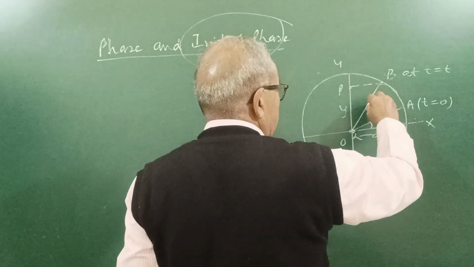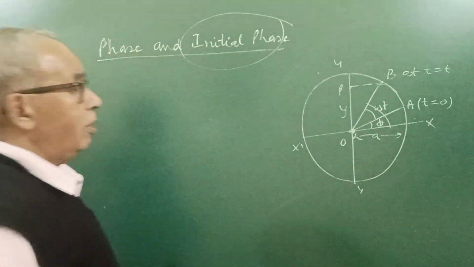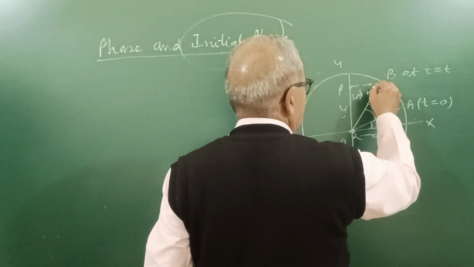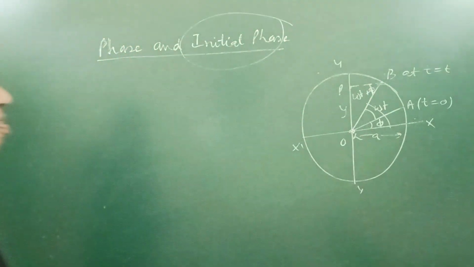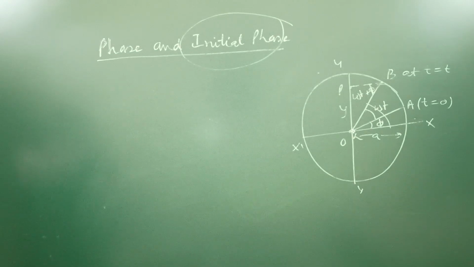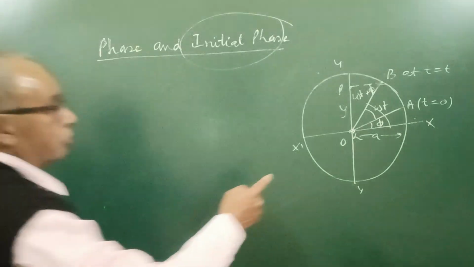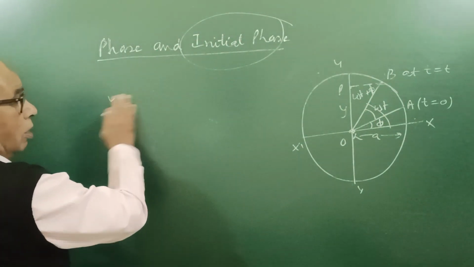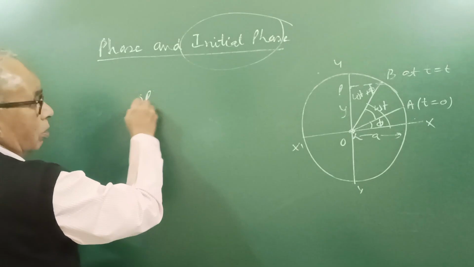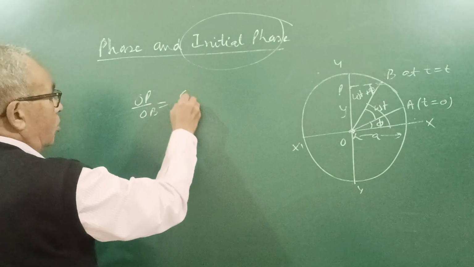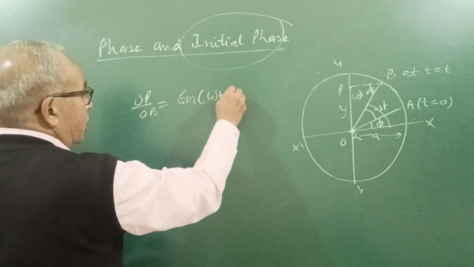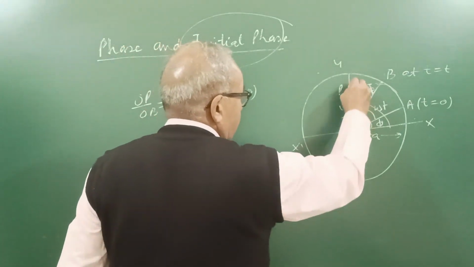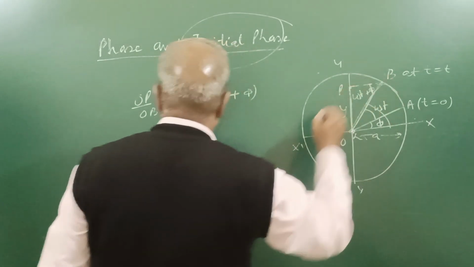Now, how much is this angle? Omega t plus phi. So this angle will also be omega t plus phi. From triangle OPB, I write OP upon OB equal to sine of omega t plus phi, where OP is y and OB is A, the radius.